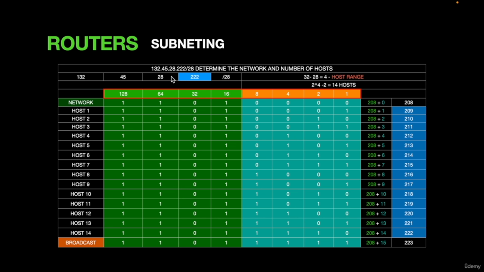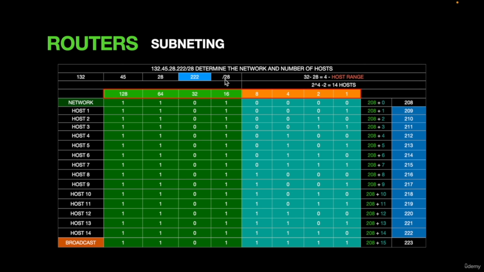Okay, so let's figure out the network address. Here we have the last 8 bits of the IP address. And why the last 8 bits? It is because the last 8 bits are the only variable part in this IP address.